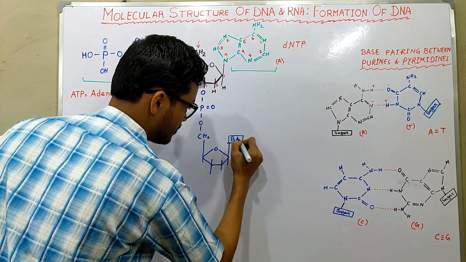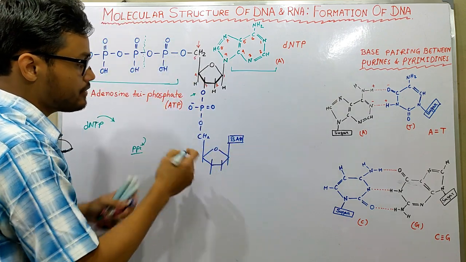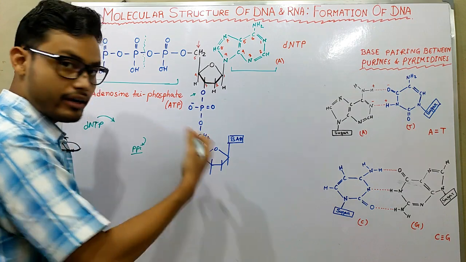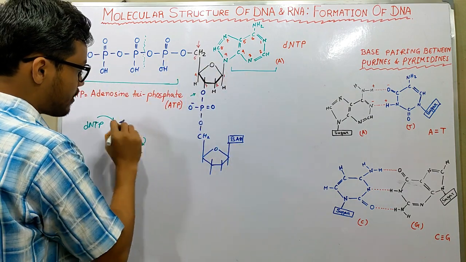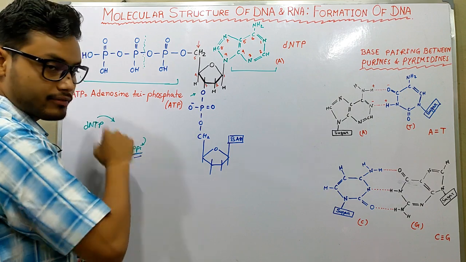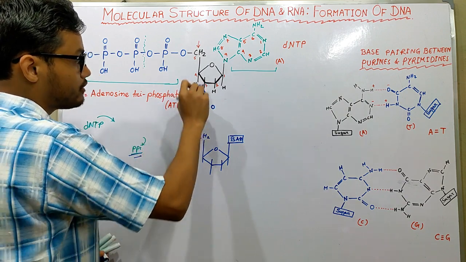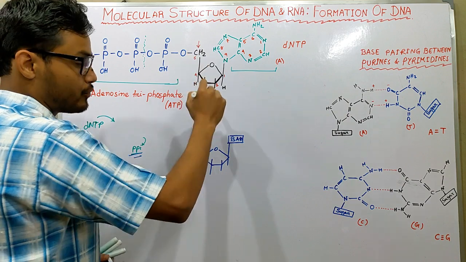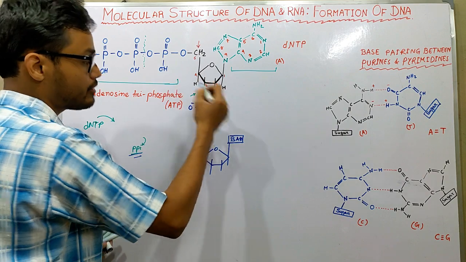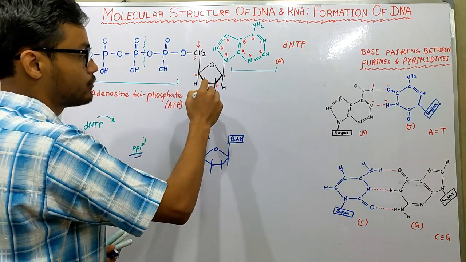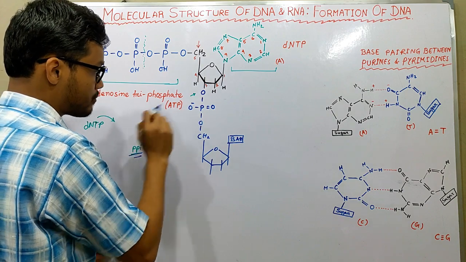If you clearly observe the structure, here 2 phosphates are released in the form of pyrophosphate, and 1 phosphate is bound with the 3 prime carbon. Along with it, it replaces the hydrogen of that 3 prime group, and it forms a phosphodiester bond.